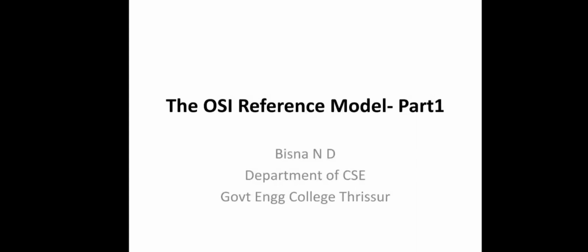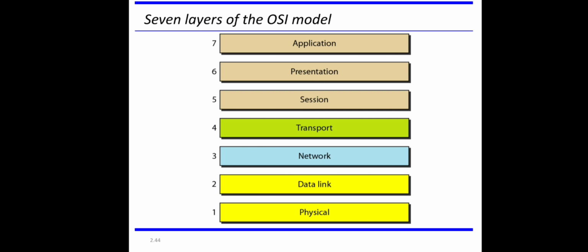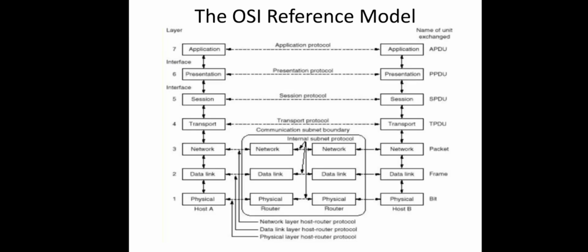I think you remember the different layers in the OSI reference model. We had 7 different layers: physical, data link, network, transport, session, presentation, and application. When we arrange these layers in a host machine, from a network software point of view, this is how communication is performed between two machines. We have the sender machine with all 7 layers, and the receiver with all 7 layers.